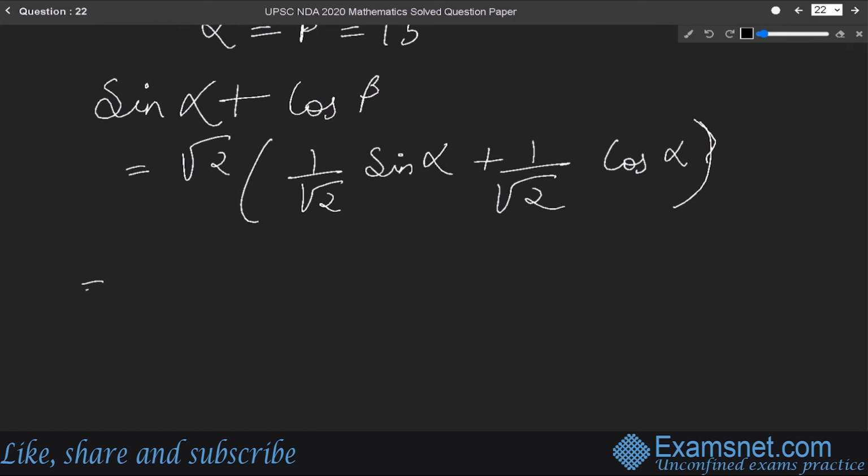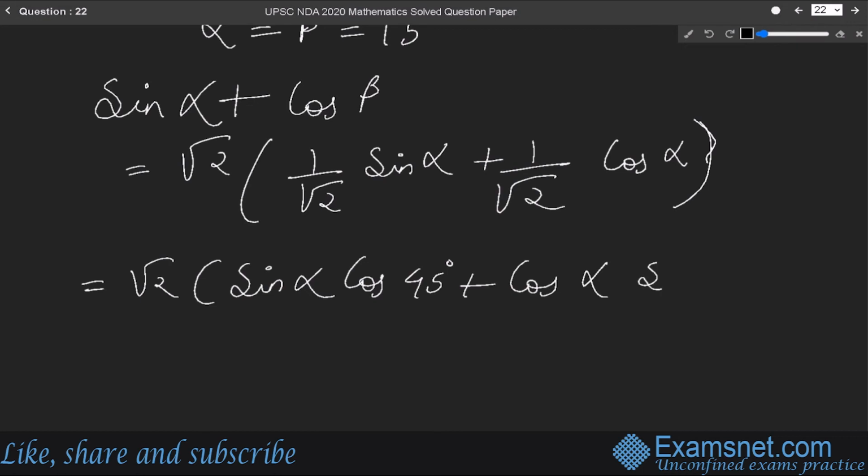Further solving, it will be equal to root 2 times sine alpha cos 45 plus cos alpha sine 45. We know that the value of cos 45 is 1 by root 2 and the value of sine 45 is also 1 by root 2. So in place of these two terms, I have written cos 45 and sine 45.